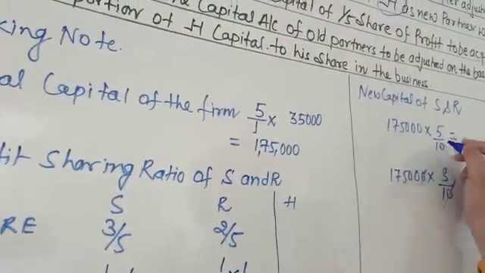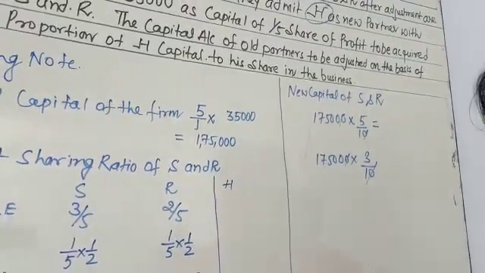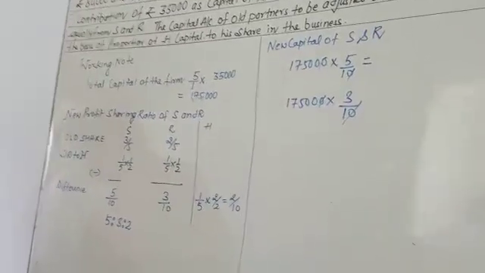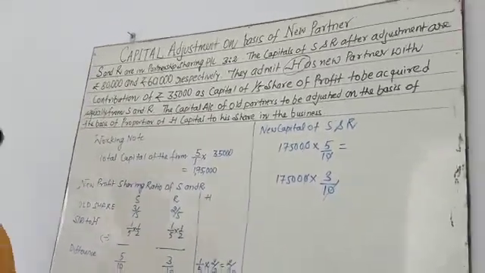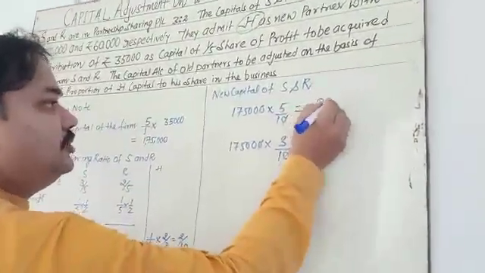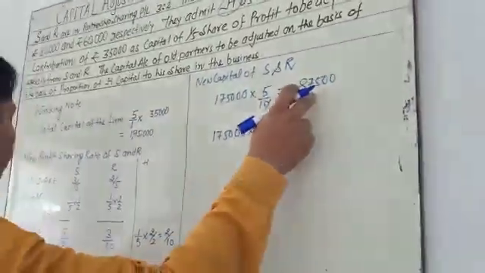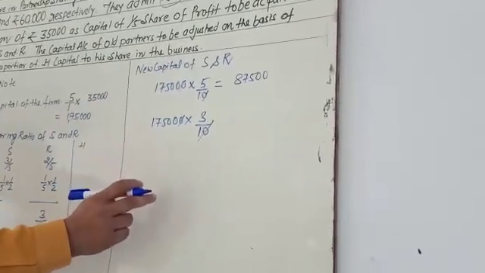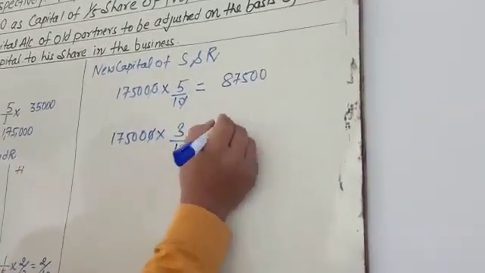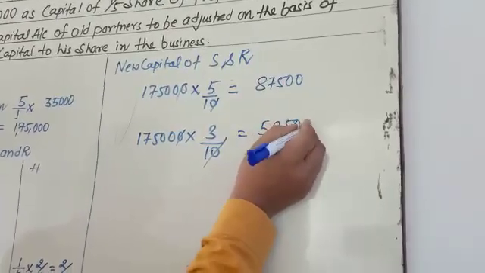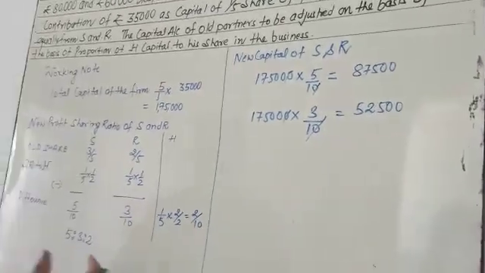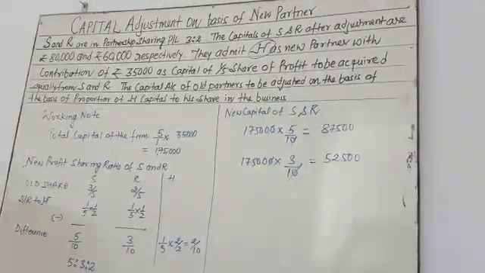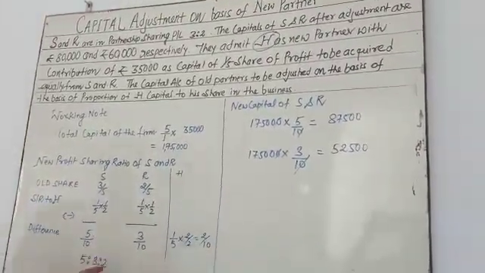You cut it here and you get the answer, and this way you have to calculate. So 87,500 is the new capital, and 52,500 is the new capital. So what you have to do next, did you note it?